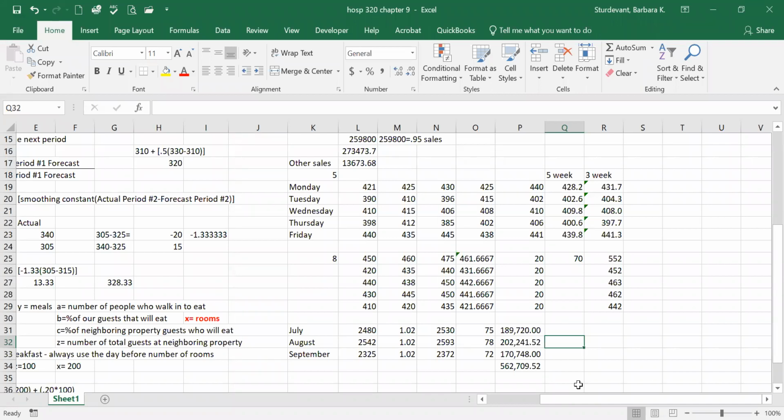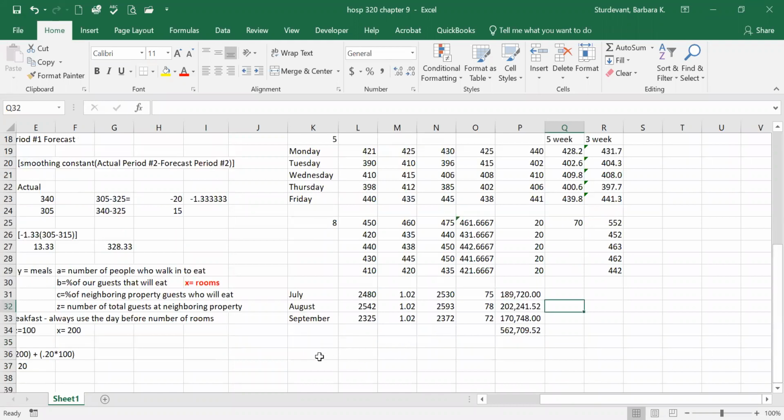This is problem number 9. You have guest rooms, you have dining room seats, we have the occupancy percentages. Paid occupancy is 80, double occupancy is 60.